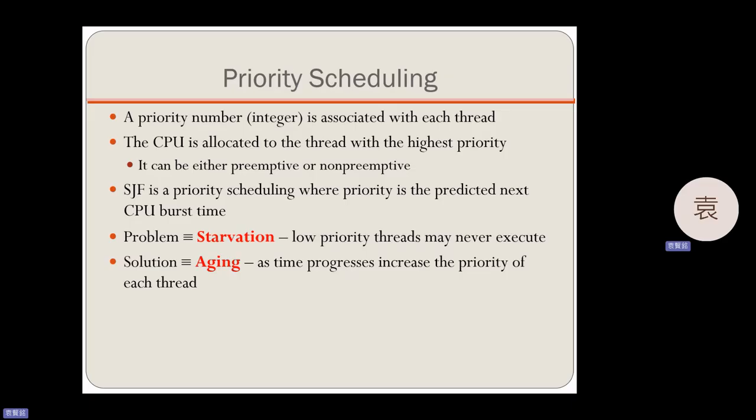So a priority number is associated with each thread. The CPU is allocated to the thread or process with the highest priority. This scheduling can be either preemptive or non-preemptive, just like shortest job first. So shortest job first is a priority scheduling, where the priority is the predicted or estimated next CPU burst time.